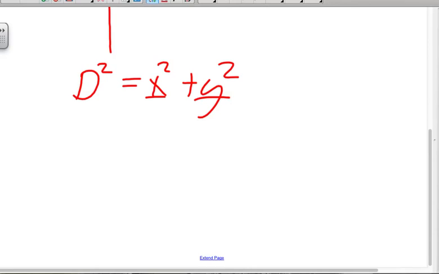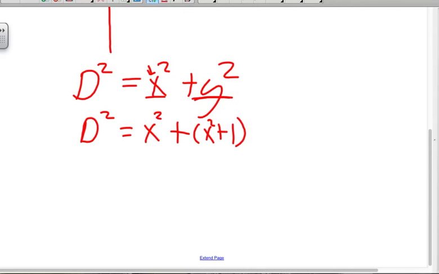All right, so what I do now is I come back in and I substitute in for my y squared. So I'm going to have D squared will be equal to x squared plus, and I want to substitute for y because they gave me x, x squared plus 1, squared.